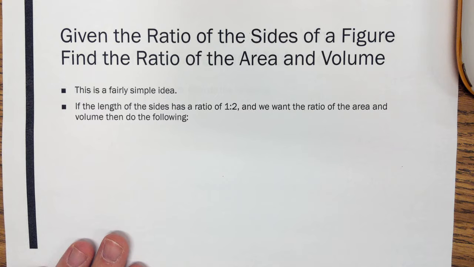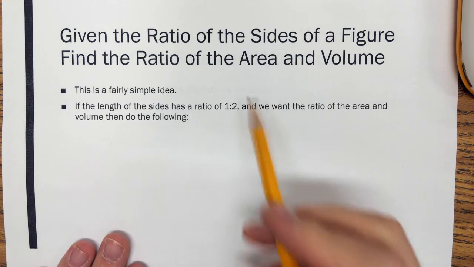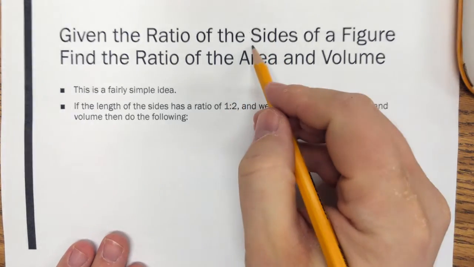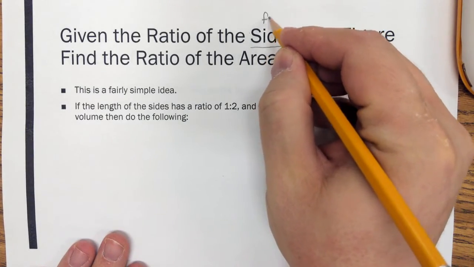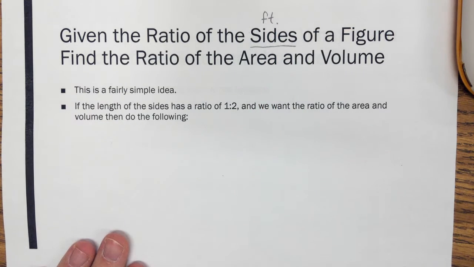Okay. Now I don't know if you guys have ever thought about this before, but we know that we measure sides in, let's say, feet. So we're measuring something in feet.